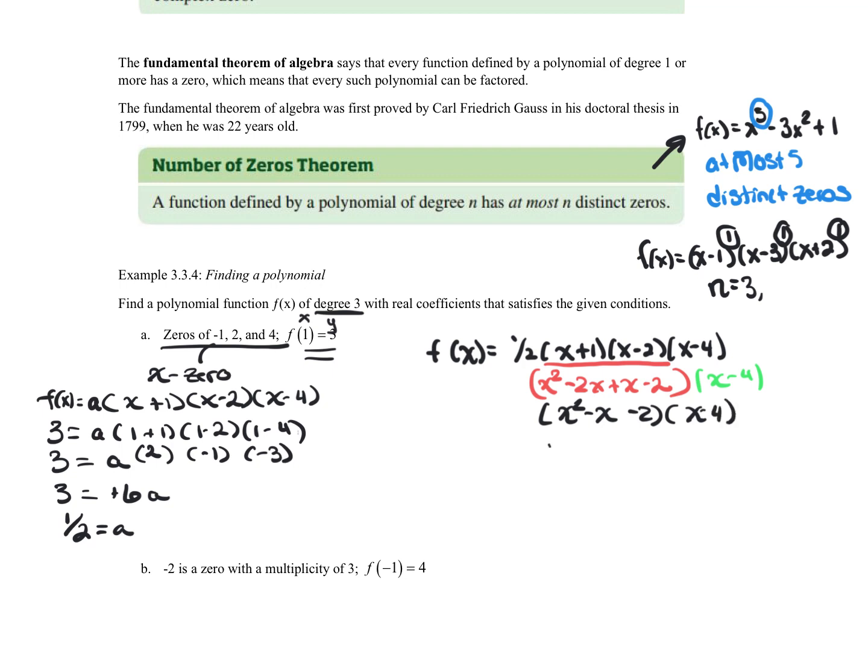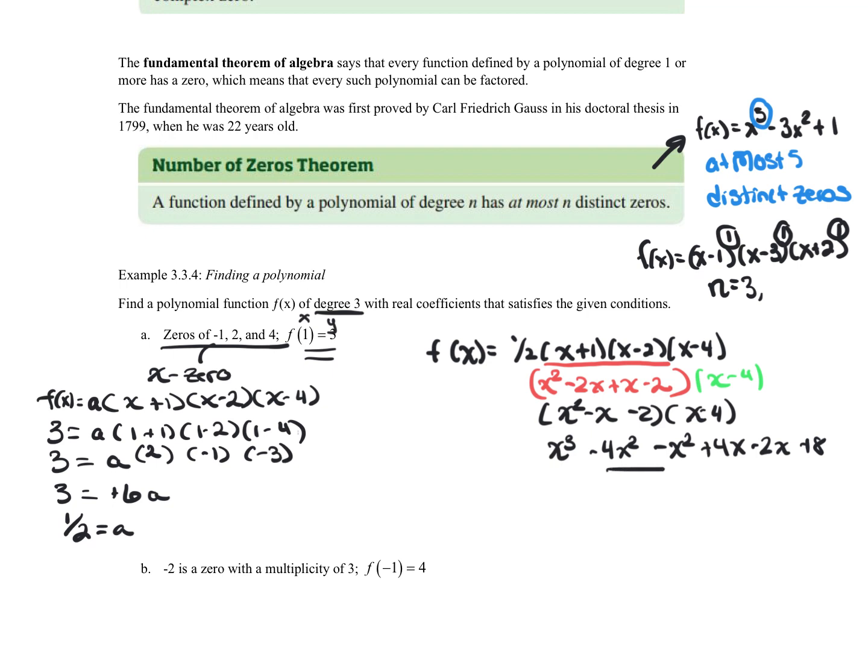X squared times x is x cubed. X squared times negative 4 is negative 4x squared. Negative x times x is negative x squared. Negative x times negative 4 is plus 4x. Negative 2 times x is negative 2x. Negative 2 times negative 4 is plus 8.